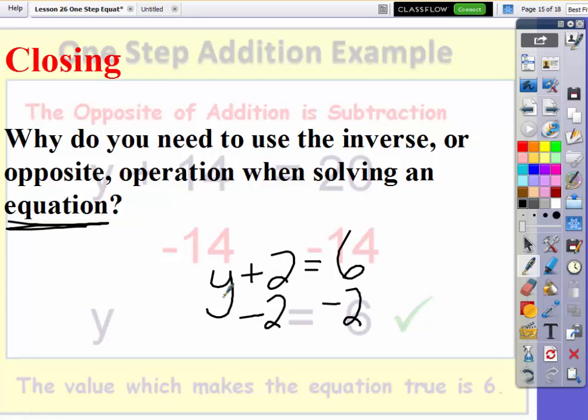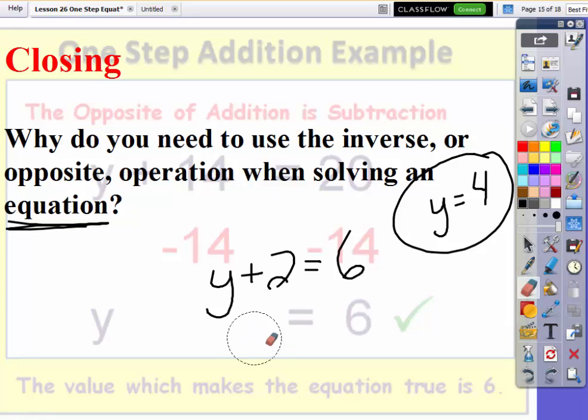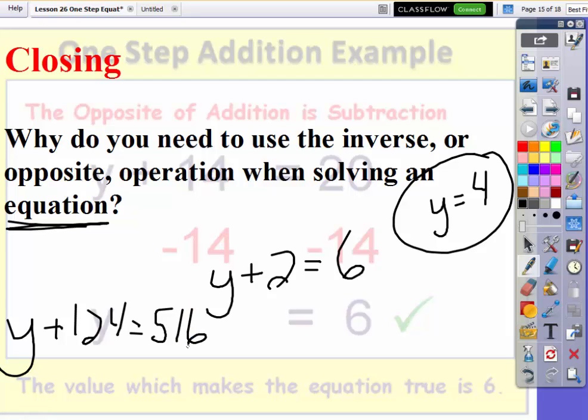I'm trying to make that variable all by itself. Because if it's all by itself, I can easily tell what y equals. Here, if it's not all by itself, like how I started my problem, I'm not quite sure what y is, especially if I use bigger numbers like y plus 124 equals 516. No idea what y equals. If y is all by itself, though, it's really easy.